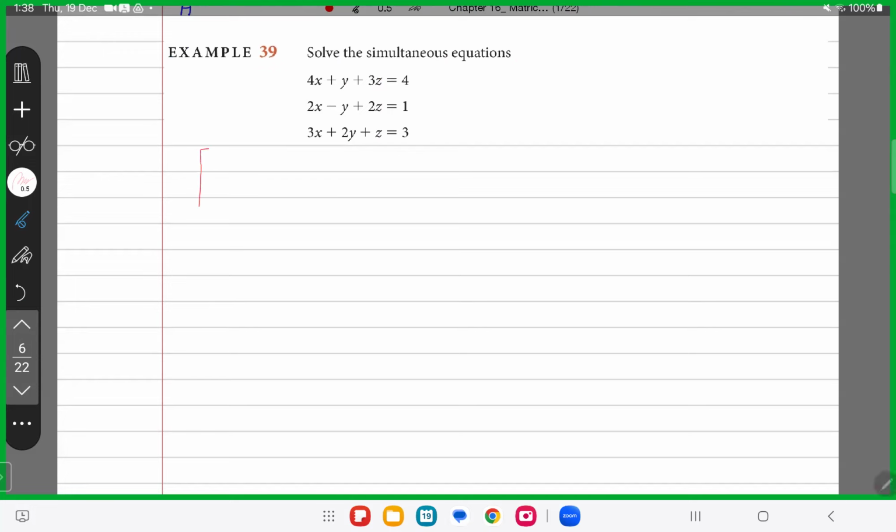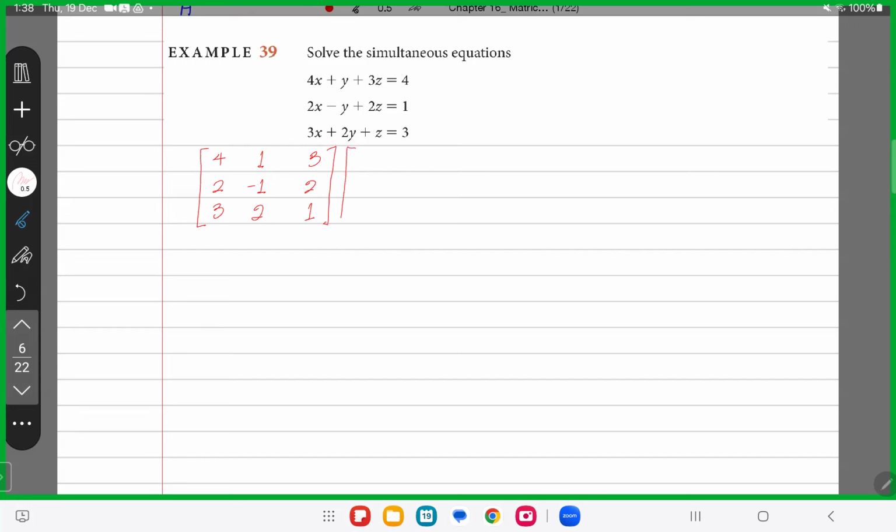So as a matrix equation, I start off with the coefficients of X, the coefficients of Y, the coefficients of Z. So this is my coefficient matrix.